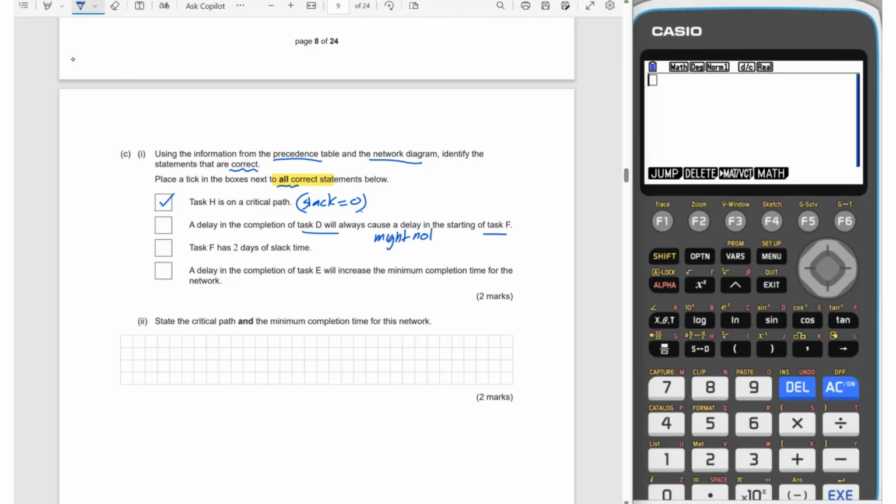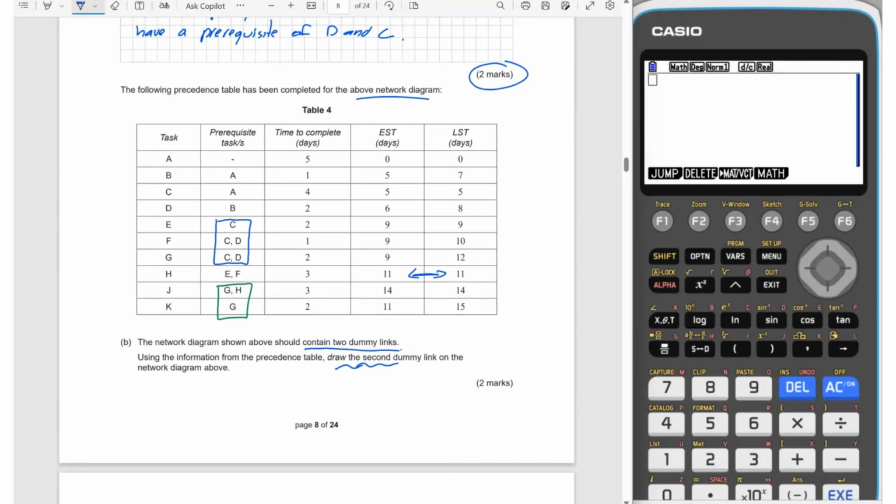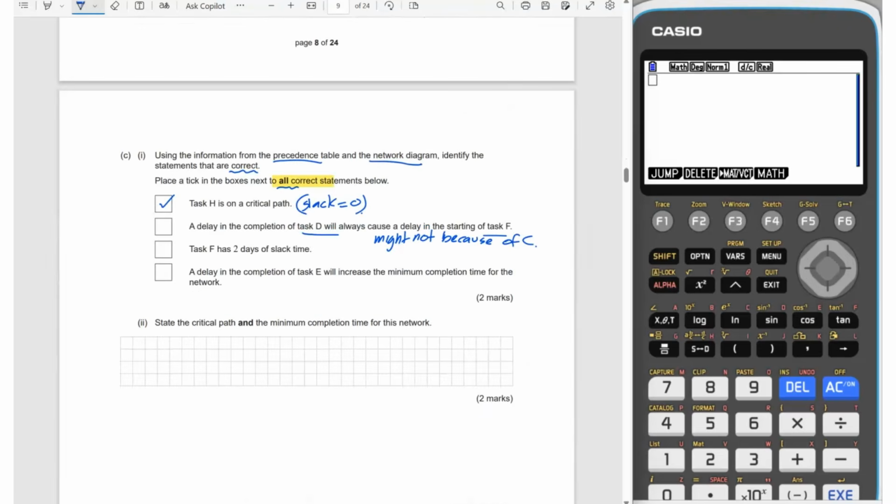You don't have to put reasons obviously, but I'm going to say because of C. Task F has 2 days of slack time, so if we go back up here to task F, your slack here, if you just maybe make another column, slack is equal to just 1. So that one is not true.